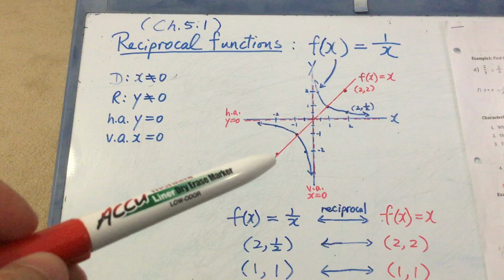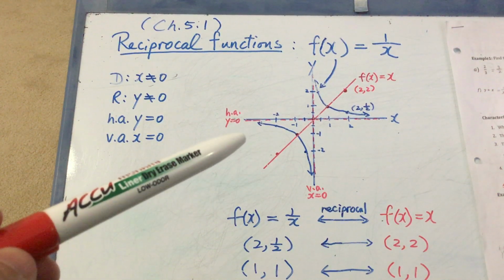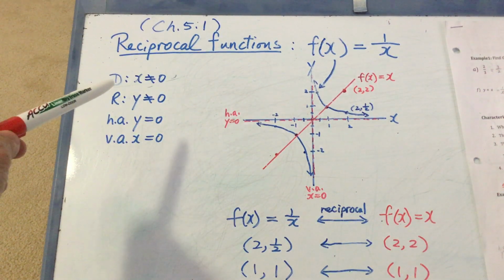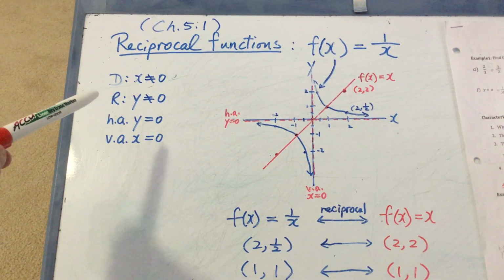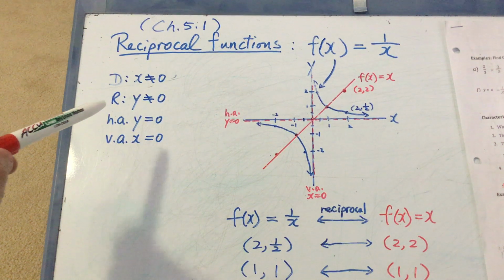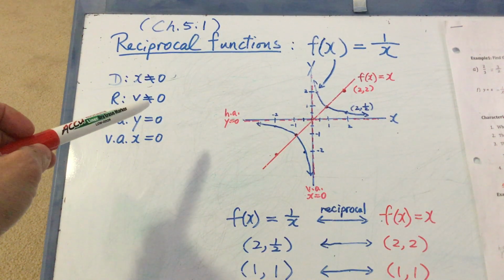So if you look at the features of the reciprocal function, we all know that it has a domain of x does not equal 0, and because of that, the range y cannot be equal to 0 as well.